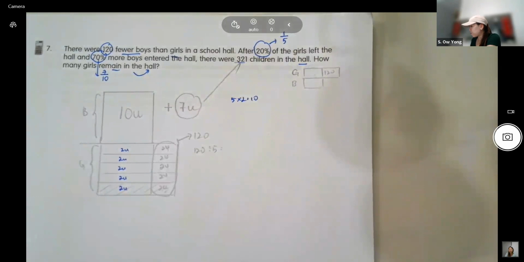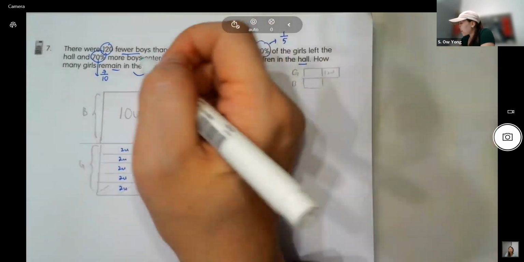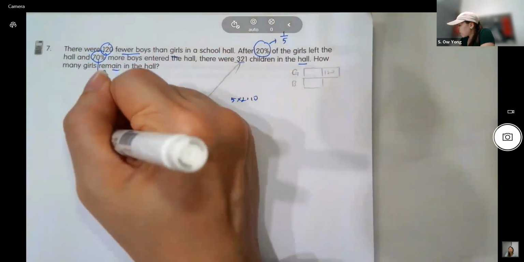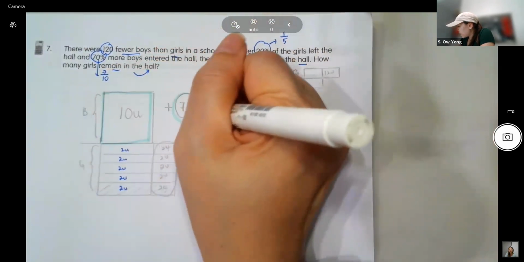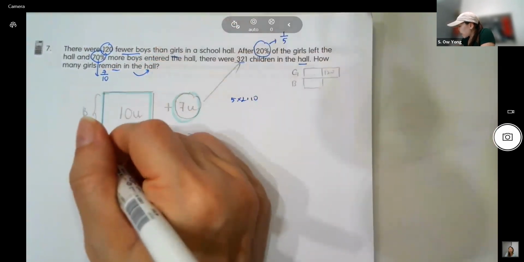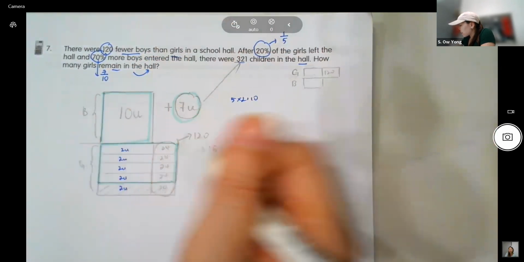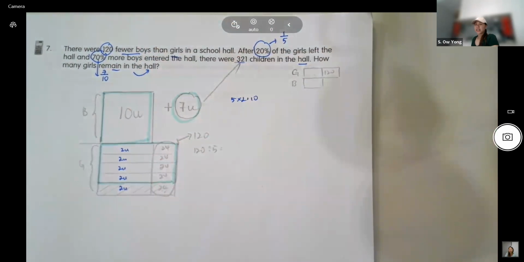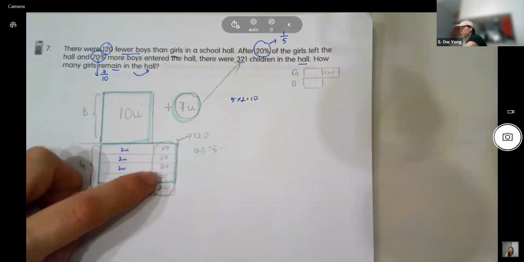So in the end, you must remember, what does this 321 represent? It represents this 10 units, this 7, and whatever that is left in the girls that are highlighted here. 2 unit, 2 unit, 2 unit, 2 unit, 24, 24, 24, 24.